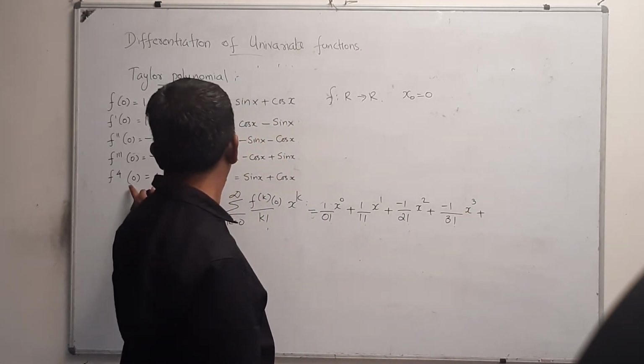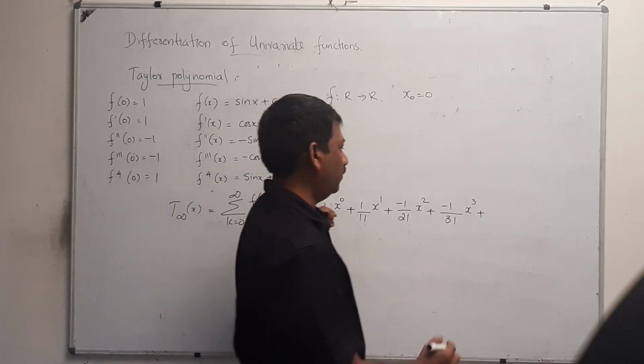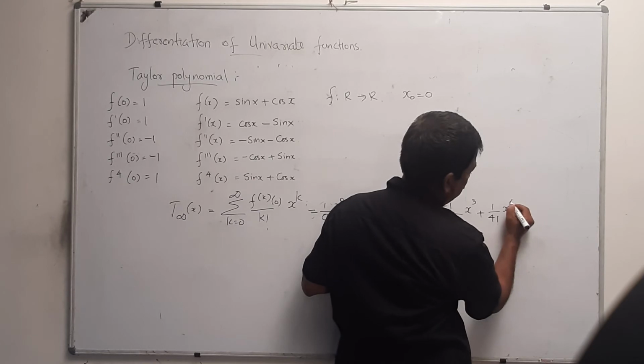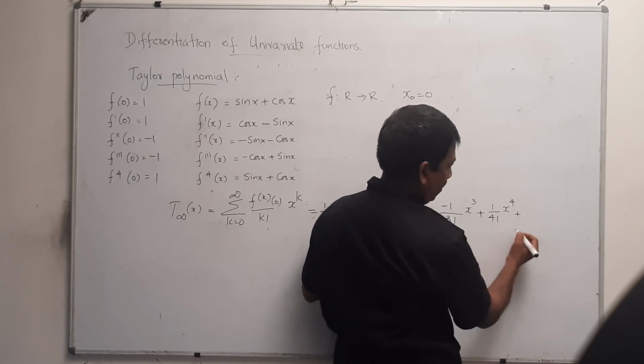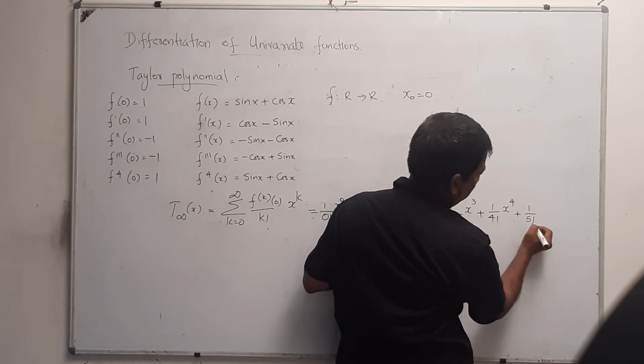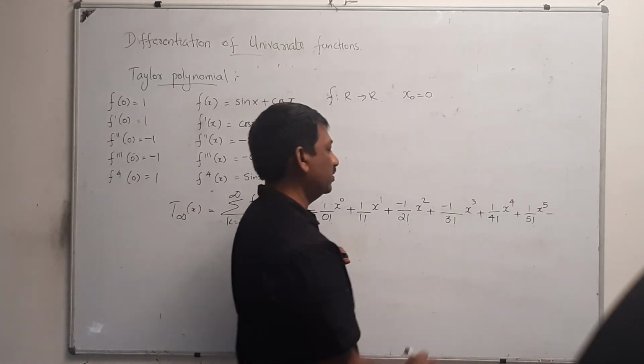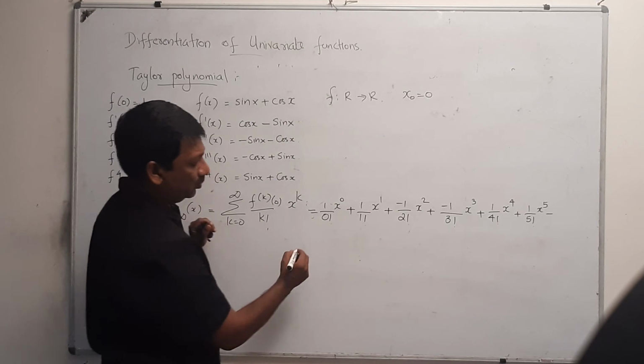1 by 4 factorial into x raised to 4 plus 1 by 5 factorial into x raised to 5 minus etc. This will be continued. Now I am going to group this.